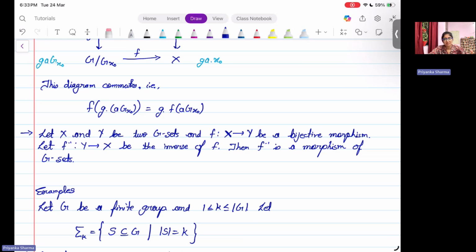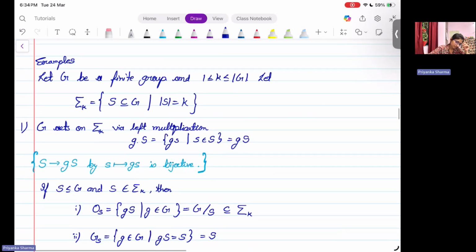So that's why we are assuming that f from X to Y is a bijective morphism. If f is a bijective morphism, then f inverse, the inverse of the morphism f, will exist, and that will again be a morphism of G sets. And f inverse will be a morphism defined from Y to X.